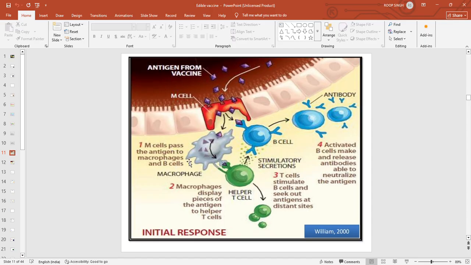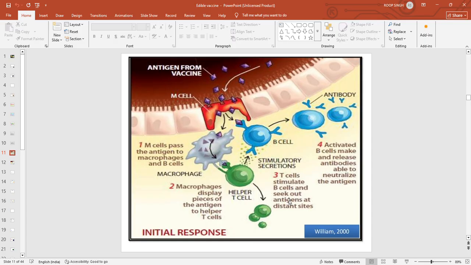The M cell passes the antigen to the macrophage and the B cells. So here are the B cells, and here the macrophage cells. These macrophages display pieces of the antigen to helper T cells. So here is the helper T cell, and you can see this macrophage presenting antigen to the T helper cells.